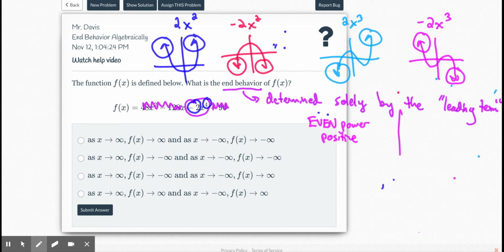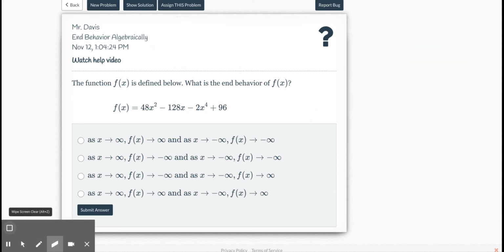It might be helpful to write this little chart down. So even power positive, which is what we have in that 2x squared. So example, 2x squared. And I'm going to go ahead and clear the rest of this stuff out real quick. Start from scratch. I got a little more room.